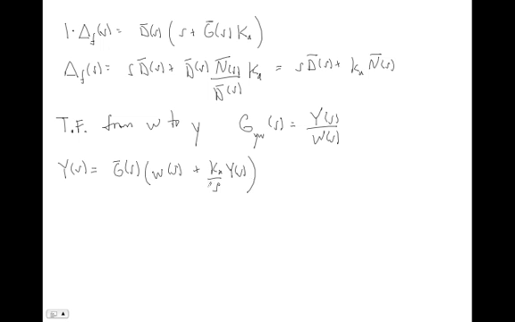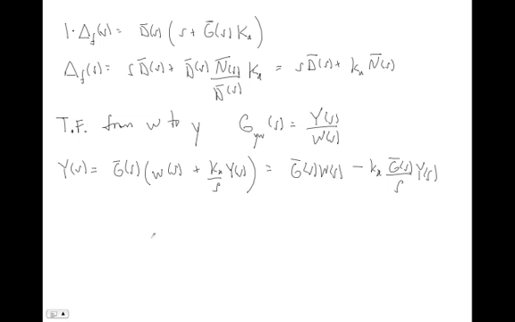Go back to the system diagram and you'll see this is completely evident from that diagram. If I expand that out, I get G bar of s W of s minus Ka times G bar of s over s Y of s. And then I can group the terms, pulling the term which has a Y over to the other side with that Y.